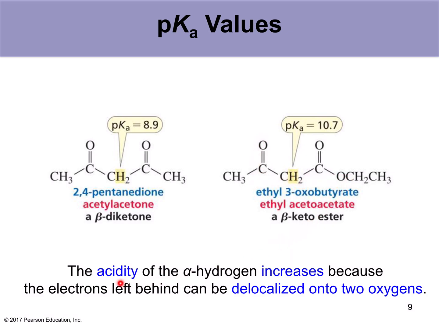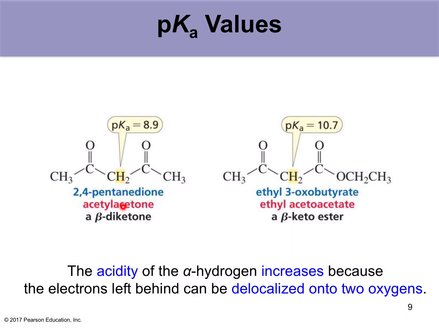The acidity of the alpha hydrogen increases here because the electrons left behind can be delocalized onto two oxygens. In general, both of these have two carbonyl groups. And this is your alpha hydrogen, highlighted in yellow, that is more acidic compared to an aldehyde or a ketone because it has two carbonyl groups.